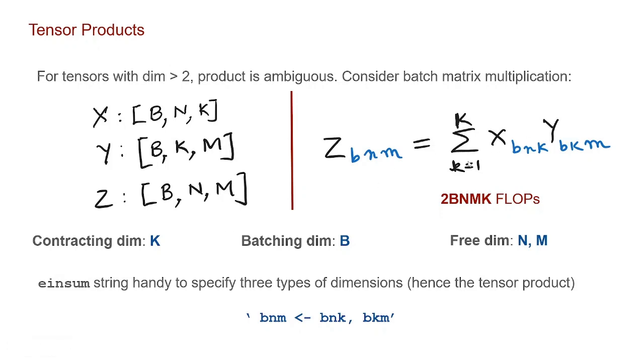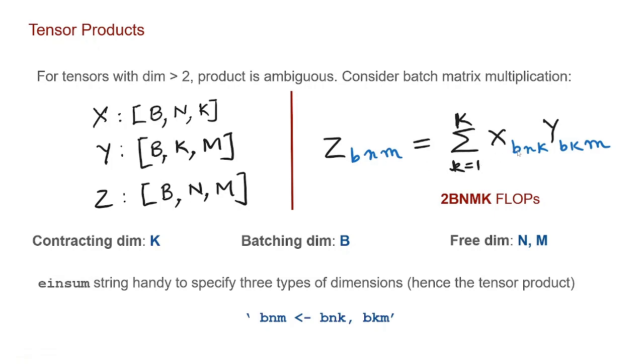Now the terminology: when we sum up over an index, that is called the contracting dimension. So here K is the contracting dimension. The contracting dimensions are the ones which are summed over. A batching dimension is one which is present in all the tensors, but we don't sum over it.